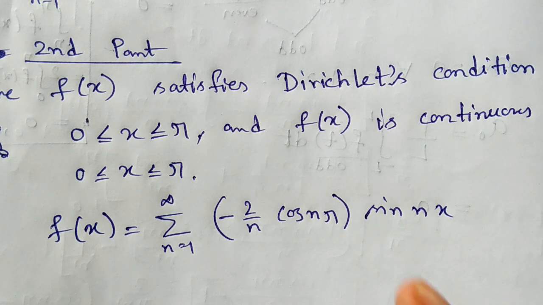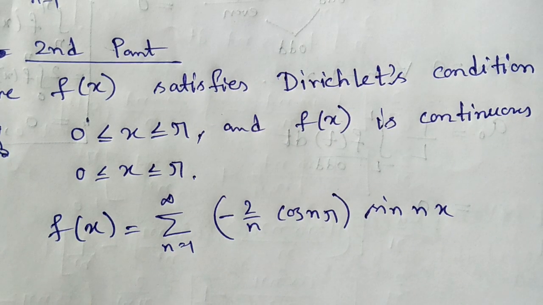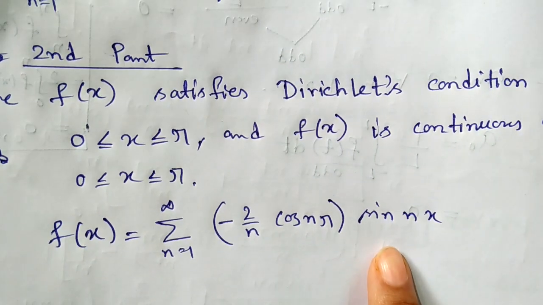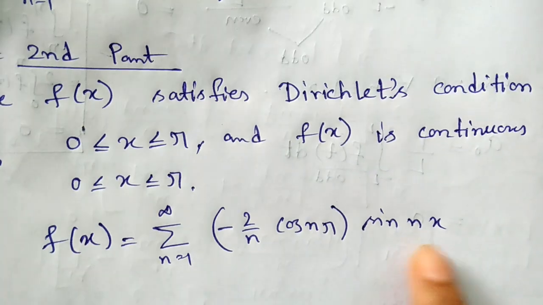You have to put the value of x as per your requirement, that is as per your question paper. So here I am going to put the value of x, that is pi by 2.